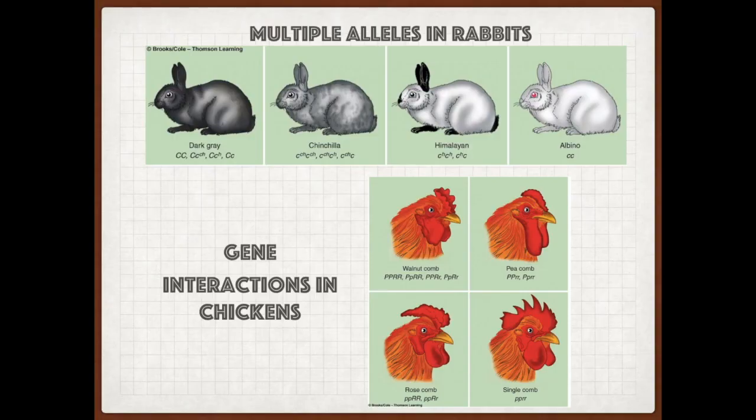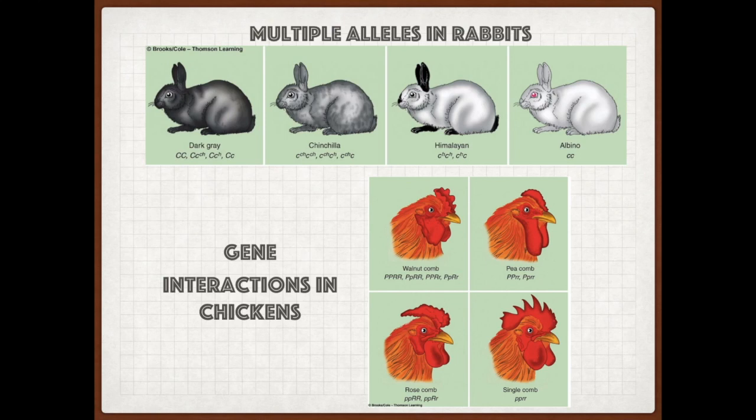Here are some other examples besides blood type that show multiple alleles, many different traits. If you have maybe a dog and one dog was black-haired and another dog is brown-haired, some of the puppies may have spots or different traits. This is what we see here with the rabbit. You can see there's a dark gray, there's a different trait here, the chinchilla color, the Himalayan, and then the albino.